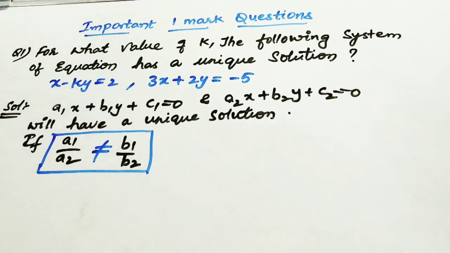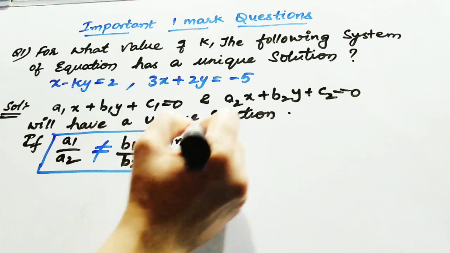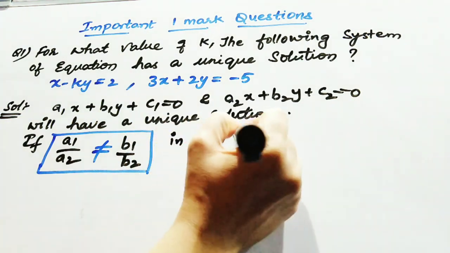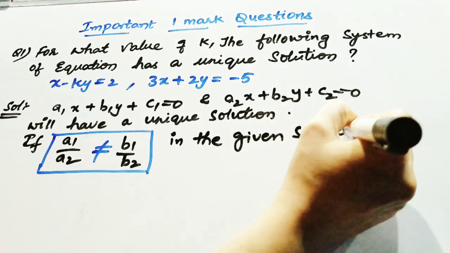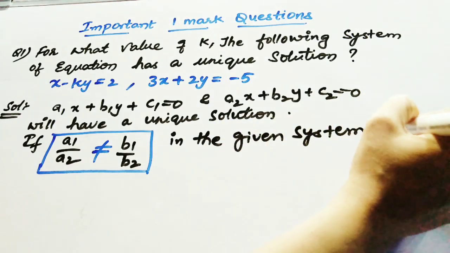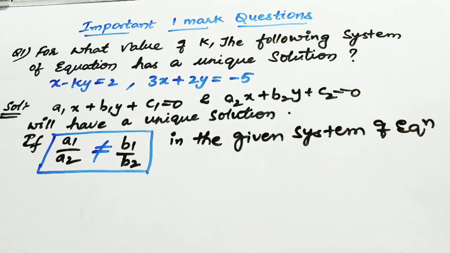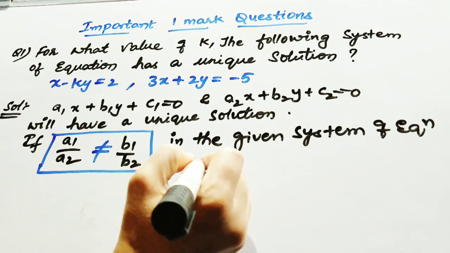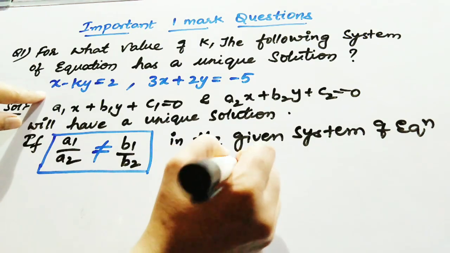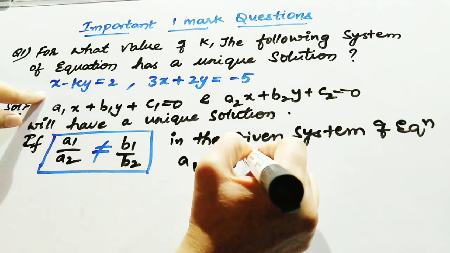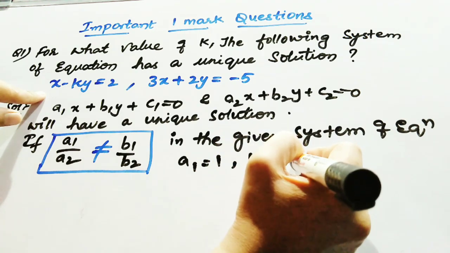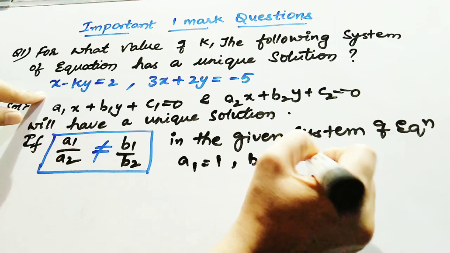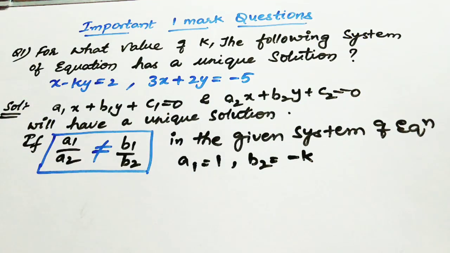Okay, in the above given system of equations, what is the value of a1? a1 is 1, b1 is minus k.